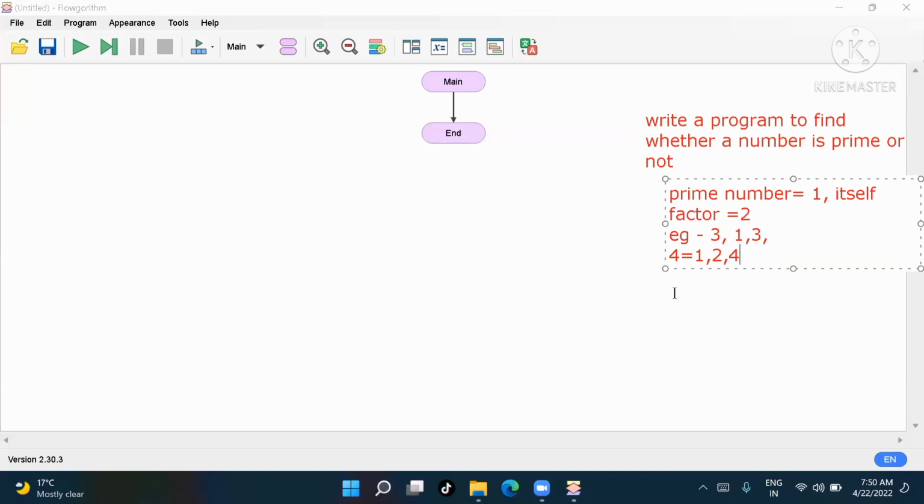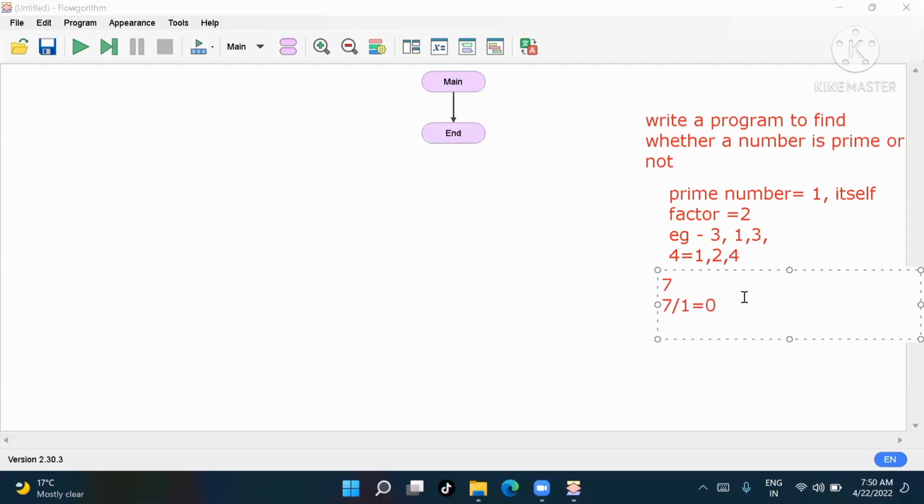We'll take one example, 7. How to solve this? If I divide 7 by 1, what will come? Remainder 0, because 7 times 1 is 7.